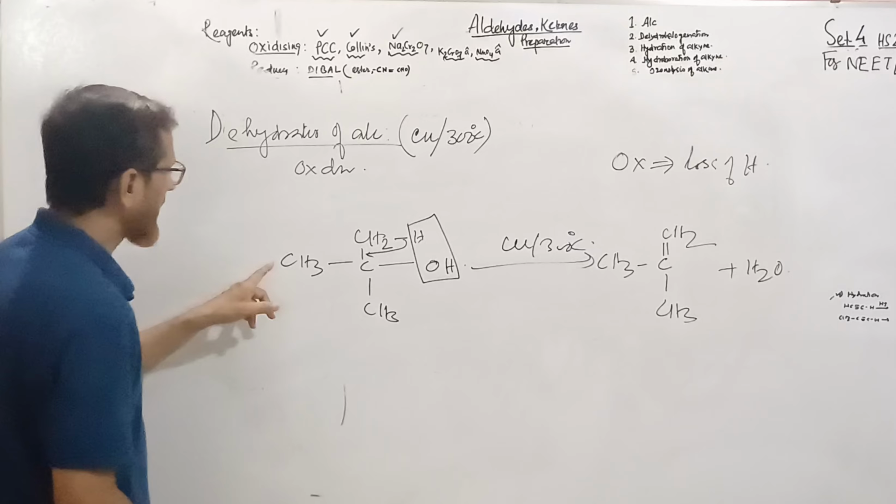So I will discuss this thing. It is an oxidizing agent, and the second one is DIBAL. What is DIBAL? Aluminium hydride, and very often it is named as DIBAL. In the arrow above, DIBAL will be given. It is a reducing agent.